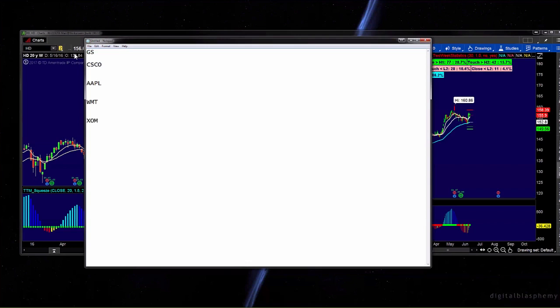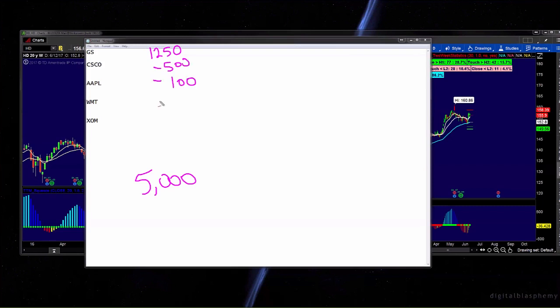Some are bullish or some are bearish, but your goal is $5,000 because this is a $100,000 account. And what'll happen is that essentially, Goldman Sachs is going to make $1,250. Cisco might lose 500. Apple might lose 1,000.